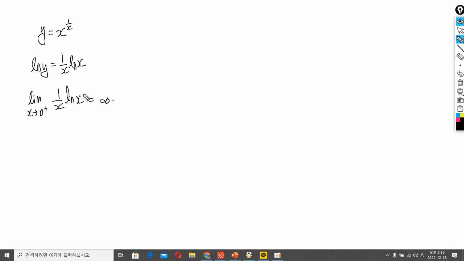And in the case of ln x, when x goes to 0, the ln x goes to negative infinity. So that means the whole value approaches negative infinity.